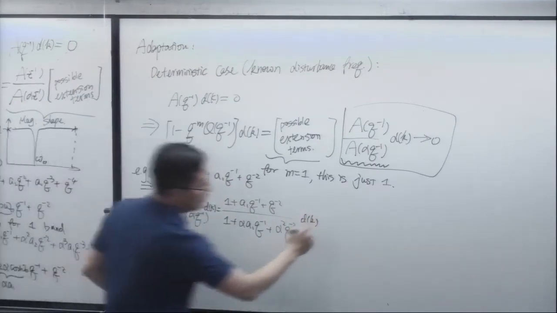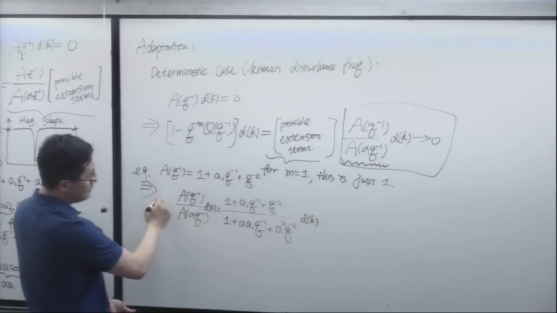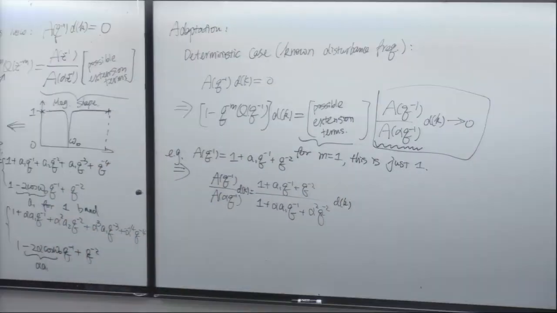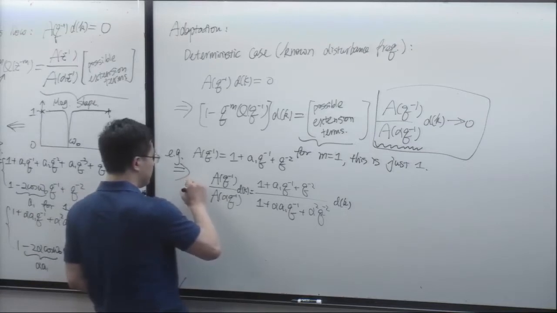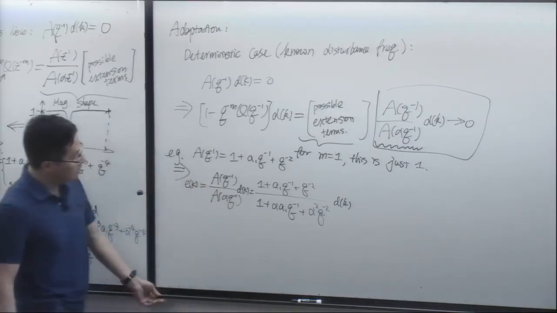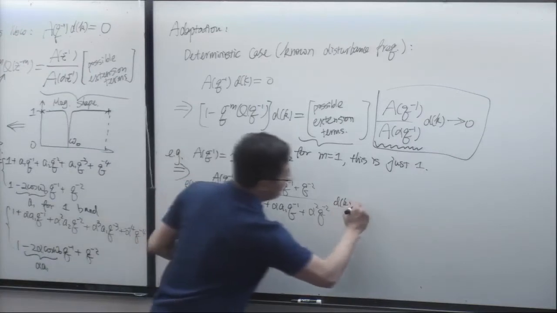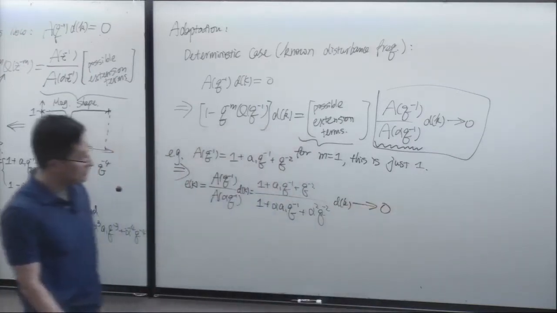We have this. If we define this signal as, let's define it as ek. The deterministic case should give us 0.